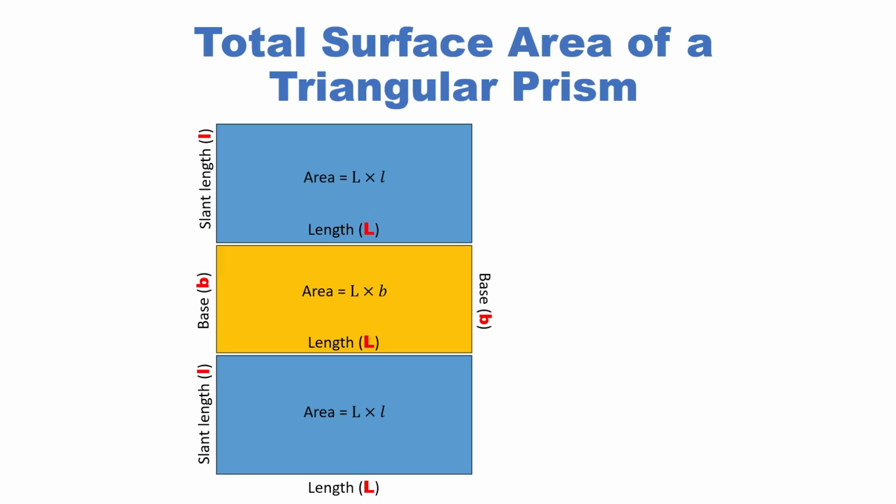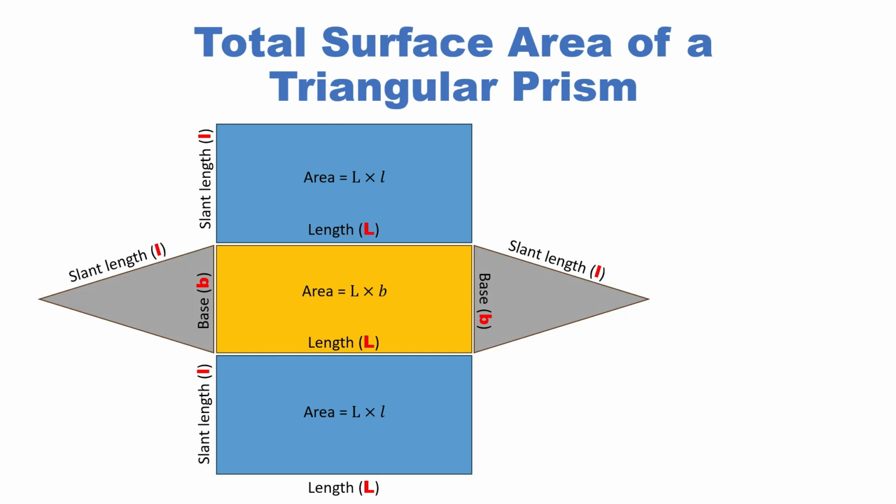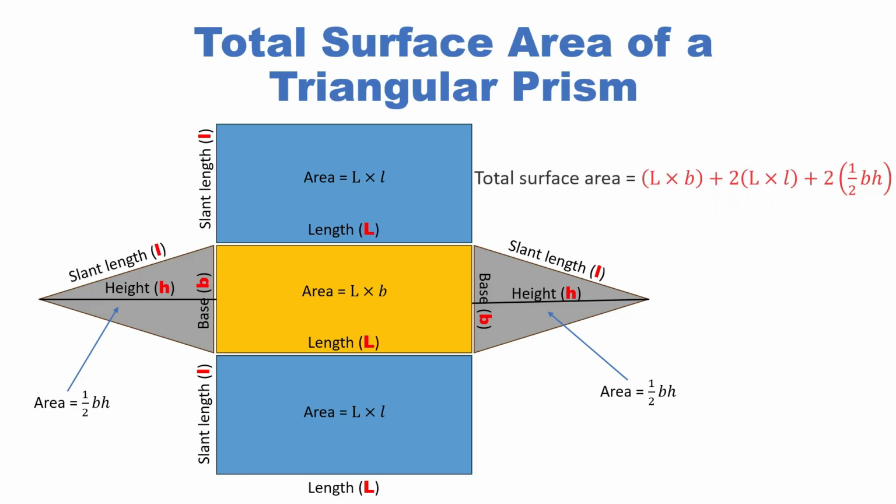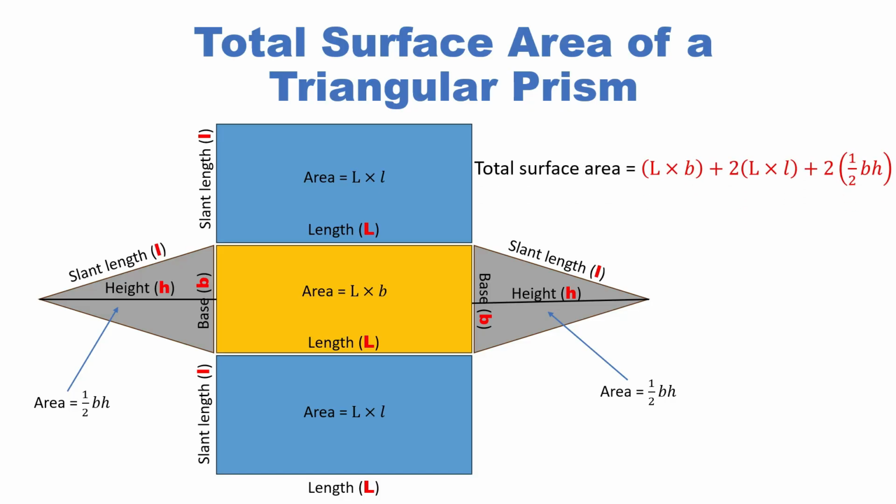Then lastly, we have the two triangles with the base b and height h. Hence the area is half bh. So, the total surface area of the triangular prism is equal to L times b plus 2 big L times small l plus 2 half bh. And it can be simplified to L times b plus 2 big L times small l plus bh.